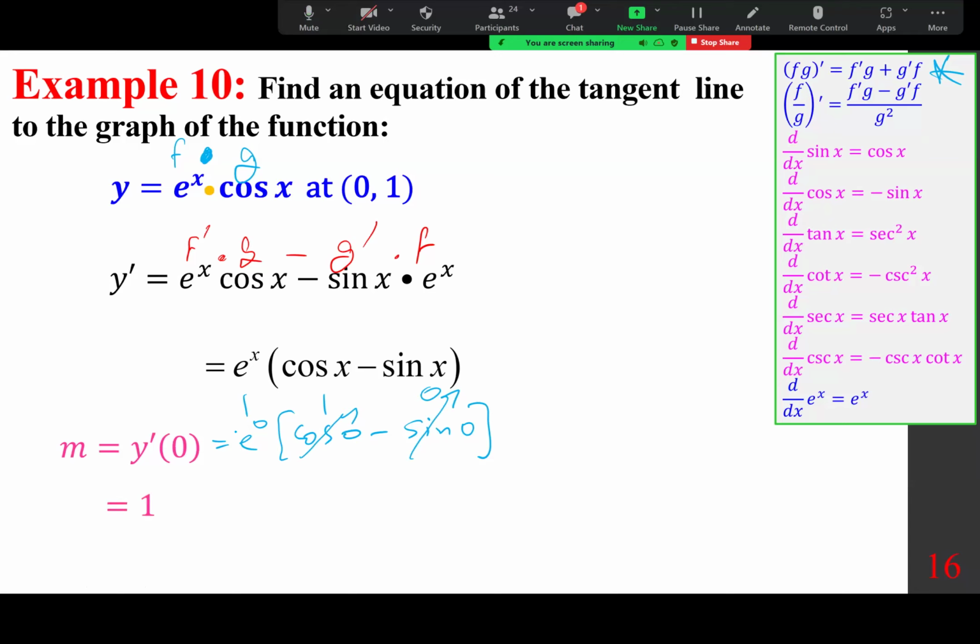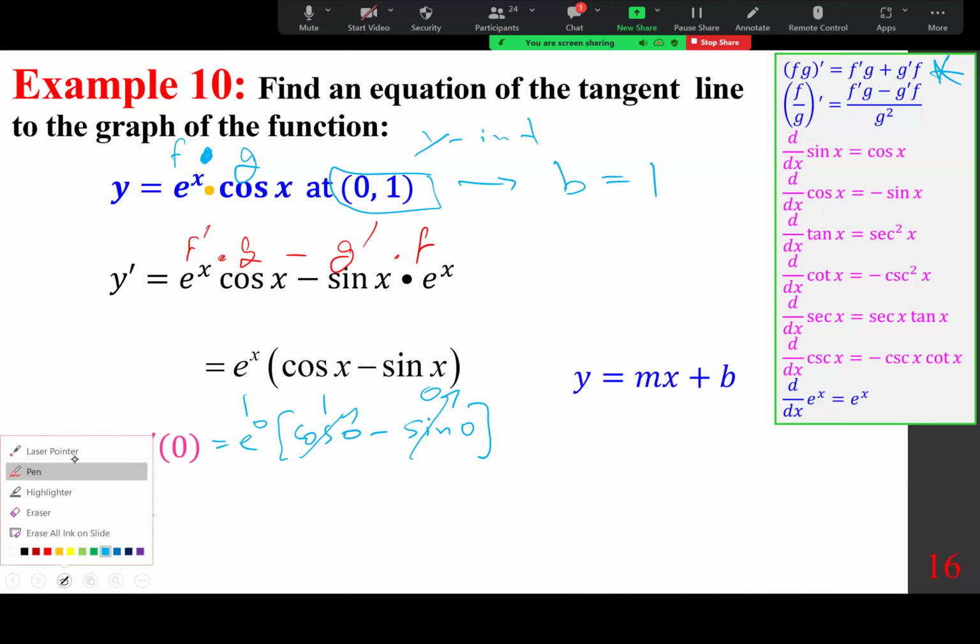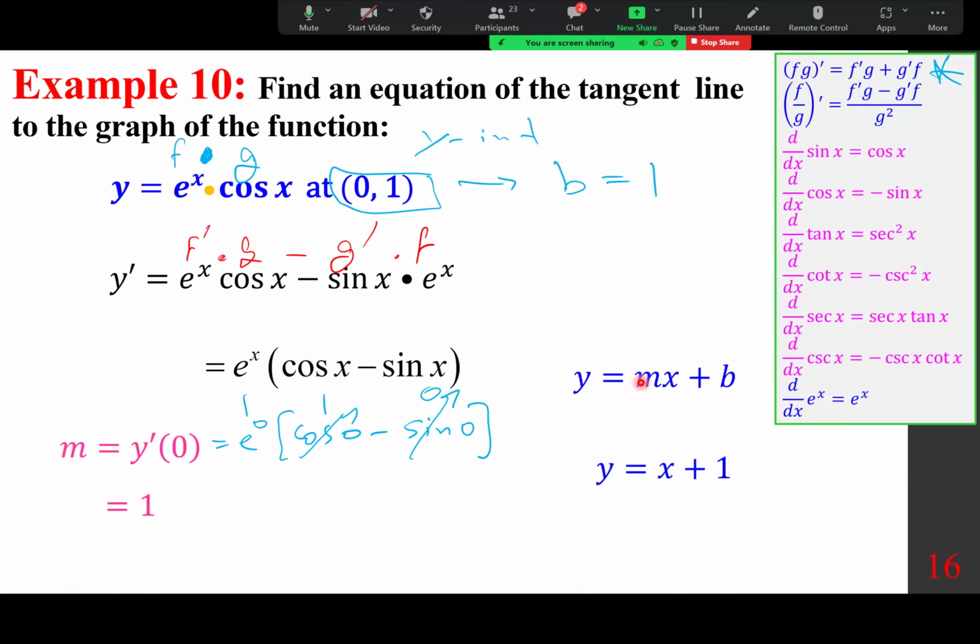And because this is the y-intercept, that means b equals 1, you can use y equals mx plus b. So m is 1, b happens to be 1. They are not always the same. y equals 1x plus 1. Again, b happens to be 1. Doesn't mean that it's always the case.